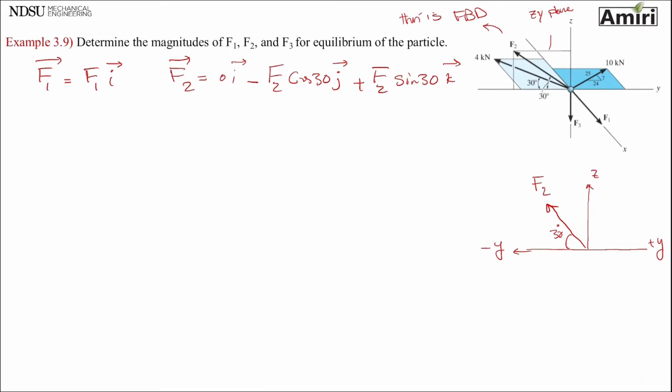Okay, that's my F2. F3, do I have F3? Yes, I do. F3 is pointing straight down, just like a weight that we had. So that's minus k.